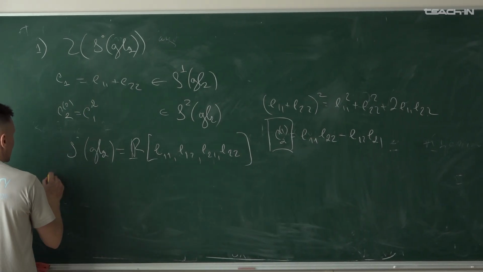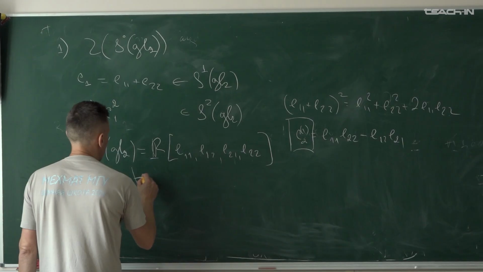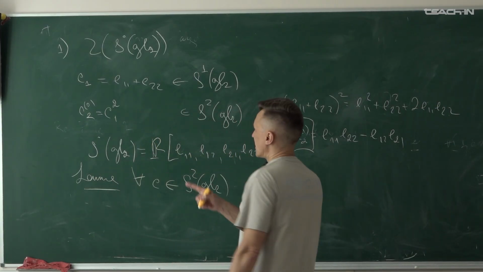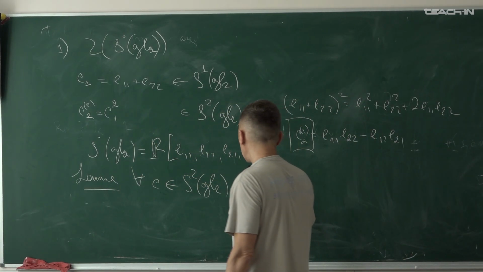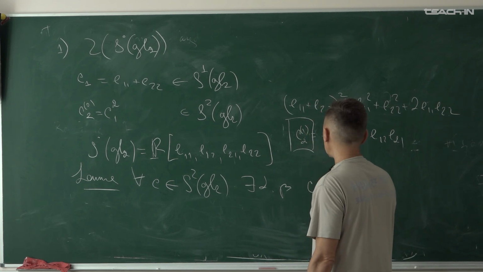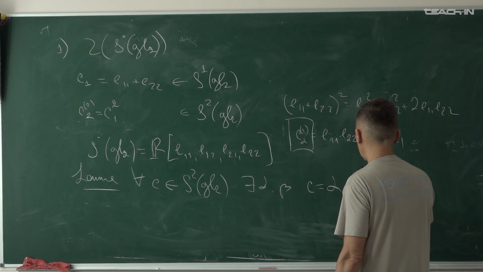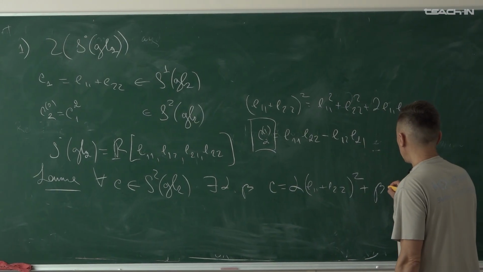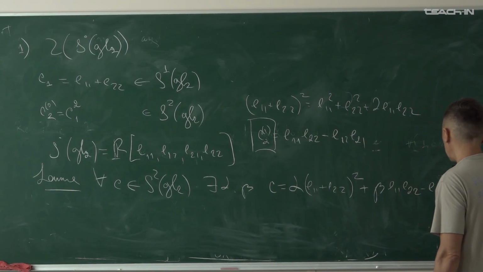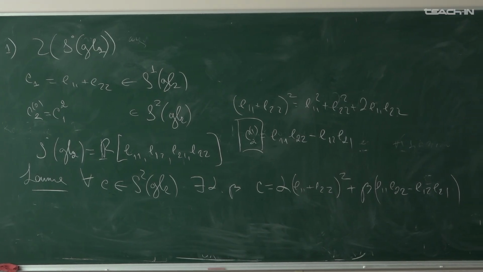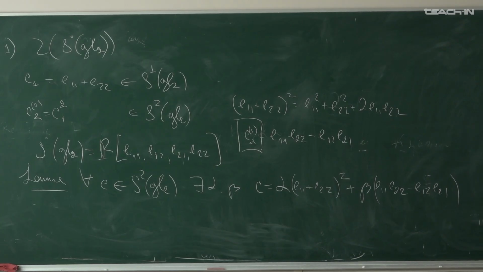So, lemma: each C from S2 of GL2 is a linear combination of these ones. There exist alpha and beta such that C is alpha (E11 plus E22) square plus beta (E11 E22 minus E12 E21). That is true. And how to demonstrate it?